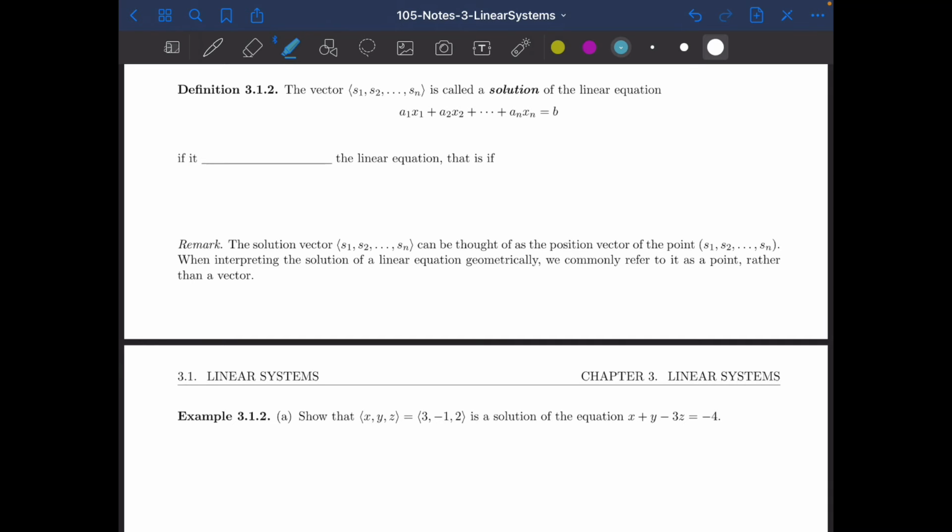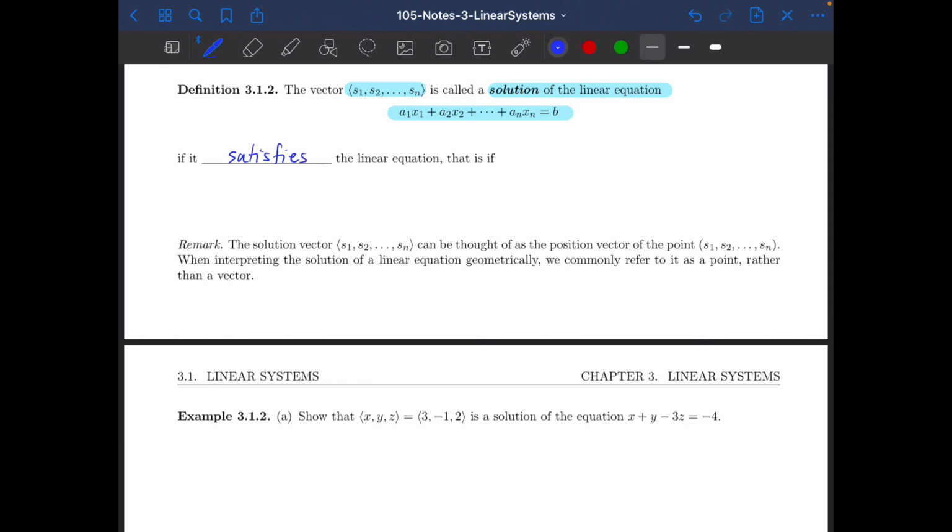In definition 3.1.2, we define the solution of a linear equation. The vector with components s1, s2, all the way up to sn is called a solution of the linear equation a1x1 plus a2x2 plus all the way up to anxn equals b if it satisfies the linear equation.